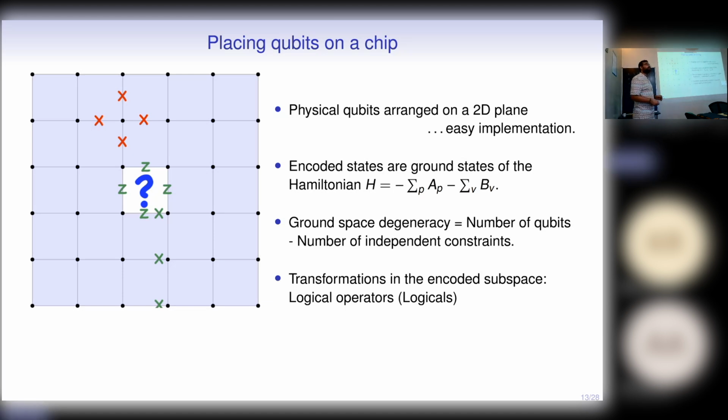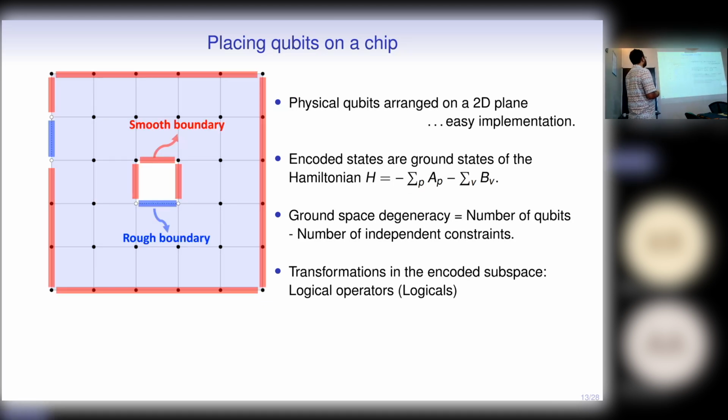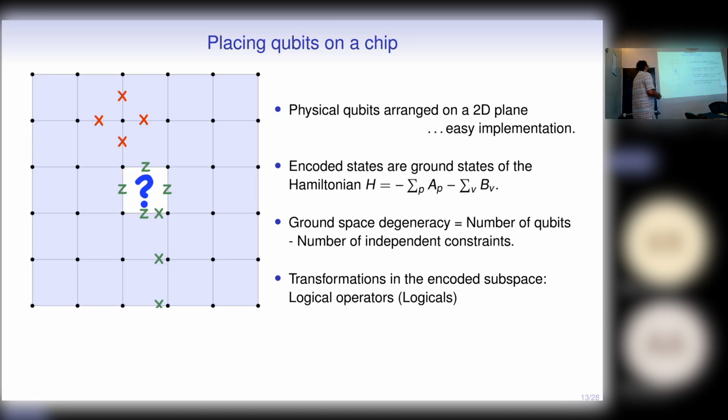Which means if there are operators that commute with all the stabilizers, but are not one of the stabilizers, these apply logical transformations in the encoded space. Okay. Basically, what have we really done? If we forget the fact that there was a stabilizer code and so on, we specified a lattice with a hole. So you can think of it as specifying a stabilizer code with a punctured lattice.